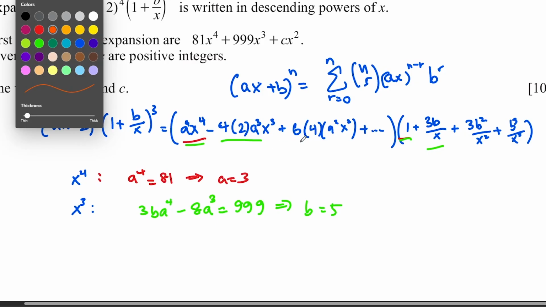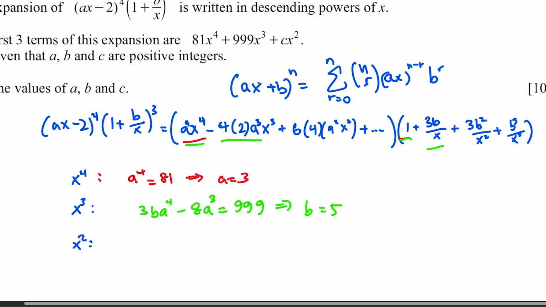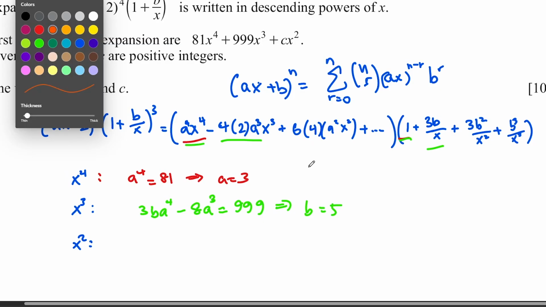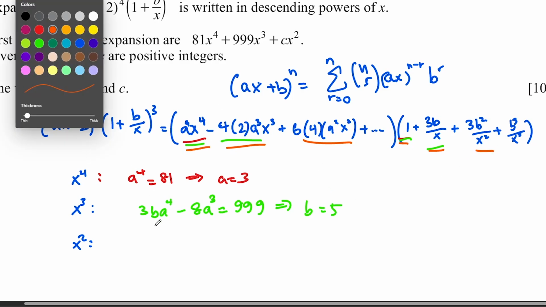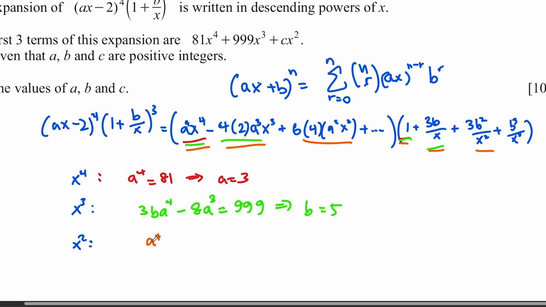Next will be the x squared coefficient. For x squared, we have slightly more: this one multiplied with 1, x cubed multiplied with this, and x to the power 4 multiplied with this. That equals c.